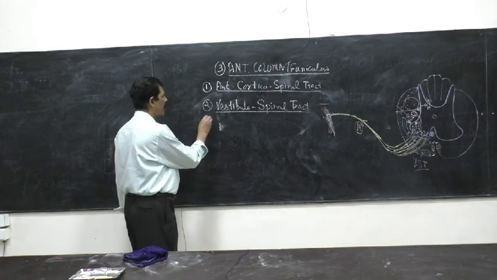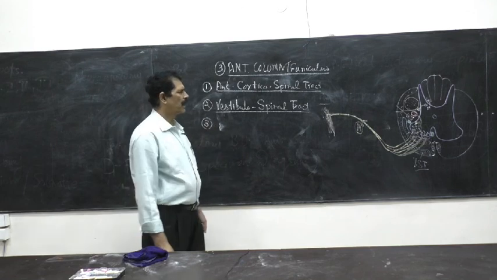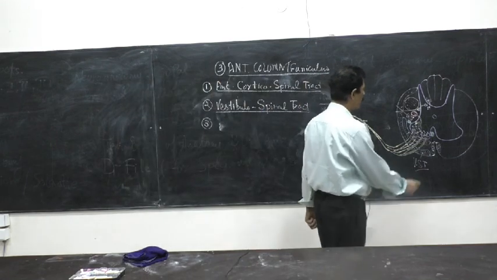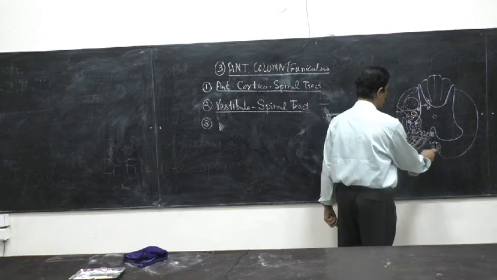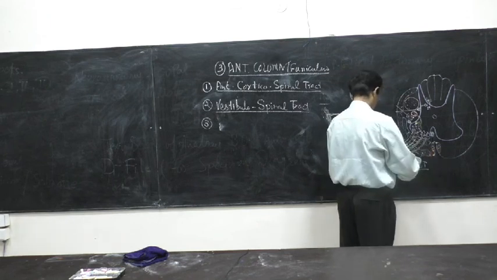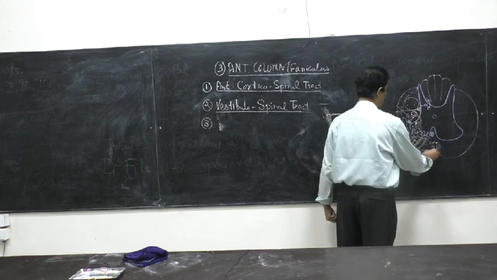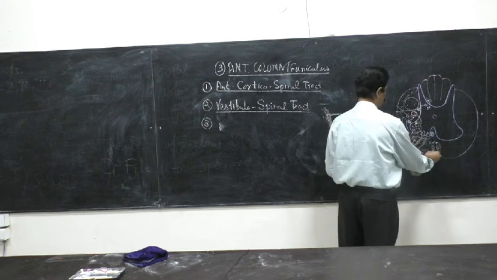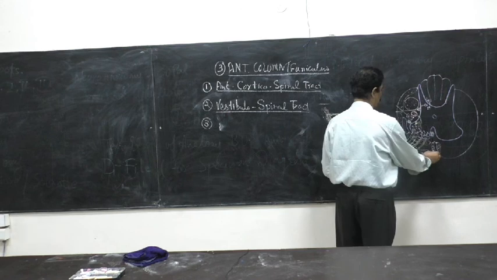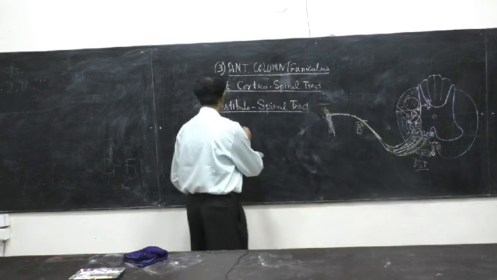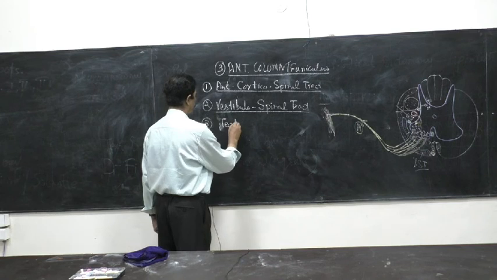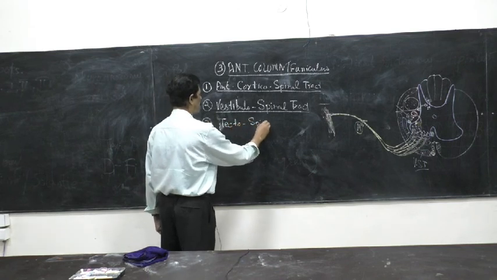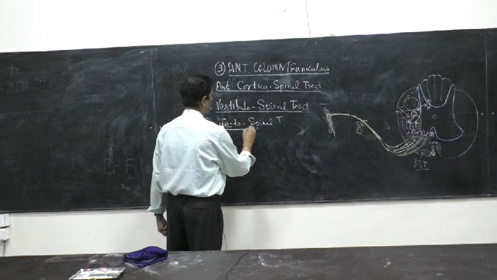The third tract present here in the anterior funiculus, medial to the vestibulospinal, a small tract present here, is the tectospinal tract.